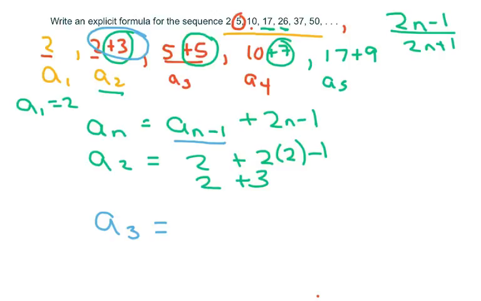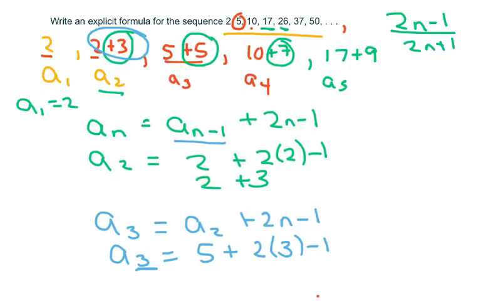So my previous term was ace of 2. I'm just going to write this down. Ace of 2 plus 2n minus 1. So ace of 3, my previous term was 5, plus 2 times my n, which is 3, minus 1. So that gives me 5 plus 5, and that equals 10. And you can keep checking it.